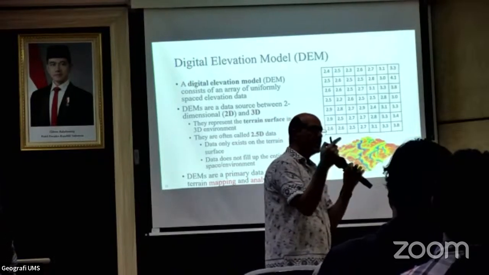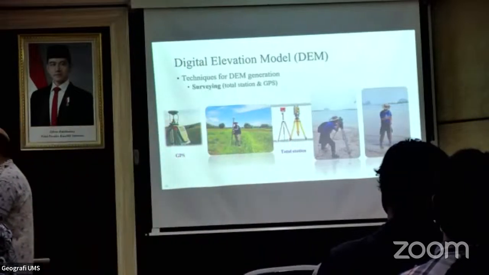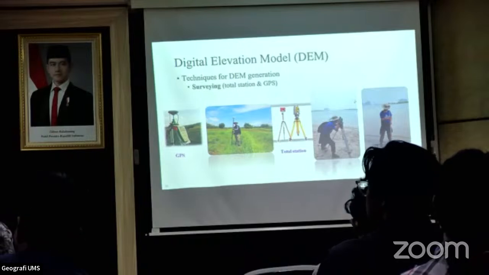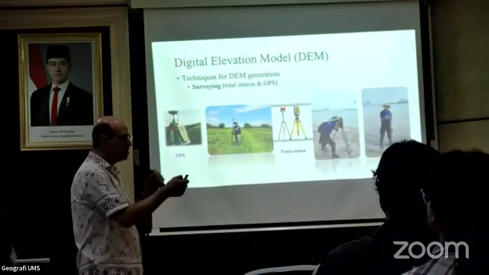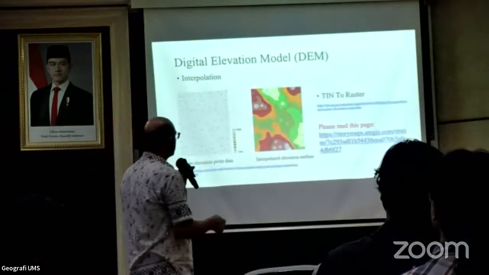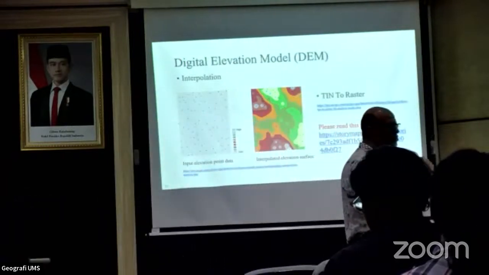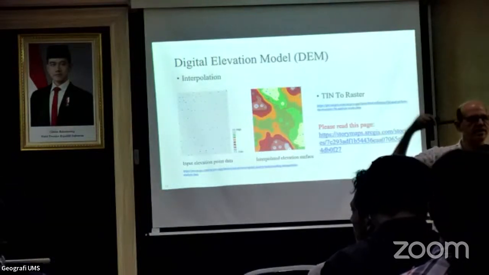How do we collect raster data? On Earth, images bring it to you from the sky. Here are the tools: GPS, total station. You can use LiDAR, you can use drones, you can use so many instruments on Earth also, and you collect this raster data set.